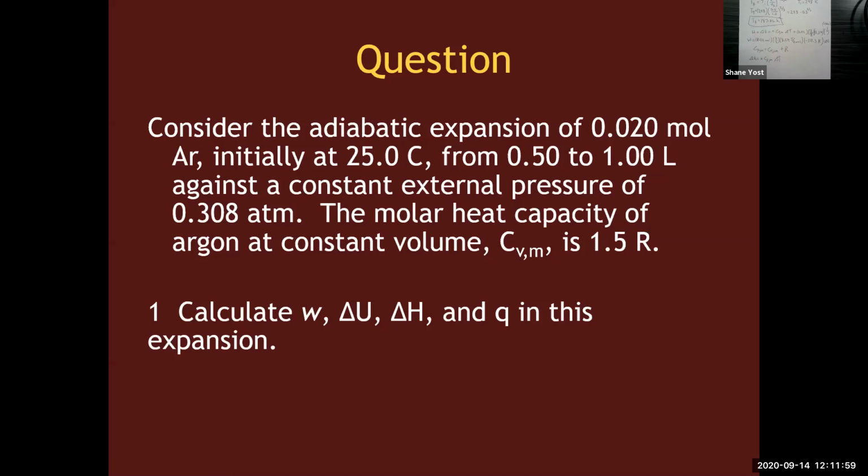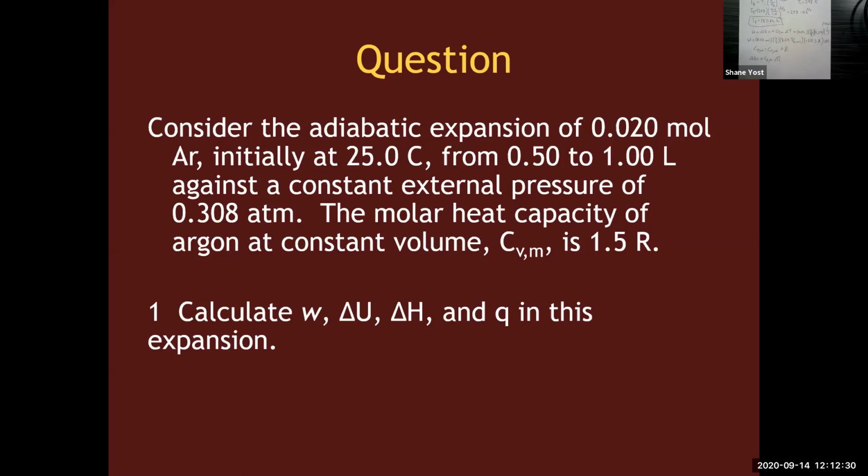The only difference here is now I'm expanding against a constant external pressure of 0.308 atmospheres, which, if you noticed in the previous problem, was the final pressure of our adiabatic reversible expansion. So I'm expanding against that final pressure.